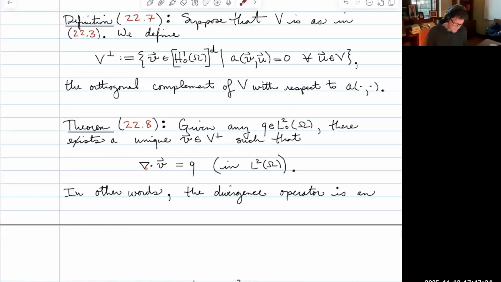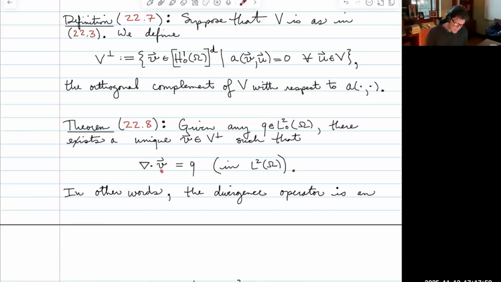The divergence of a vector function is a scalar function, and this object is also in L2. q is a scalar function in L2. Is it possible that they are equal to each other? Yes, scalar equals scalar.